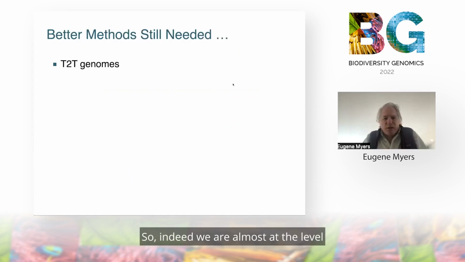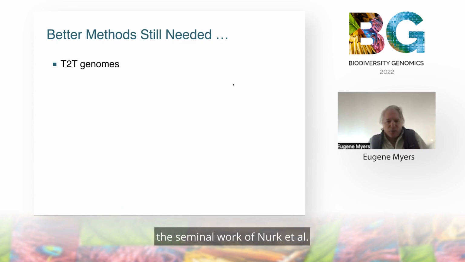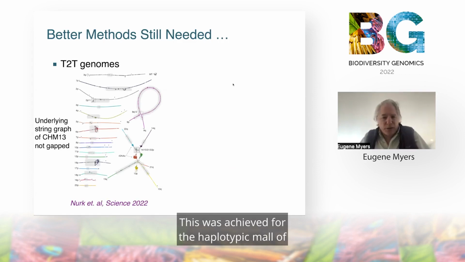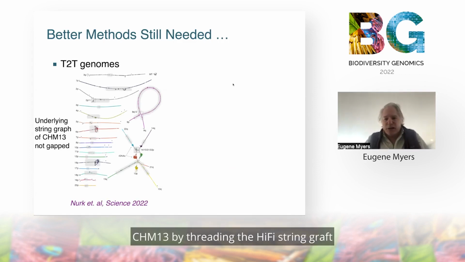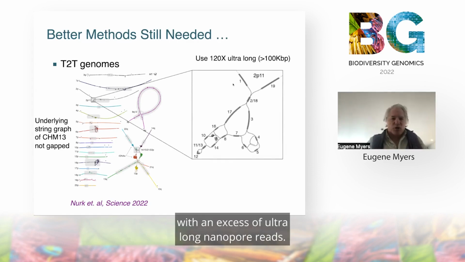So indeed, we are almost at the level of producing contiguous T2T genomes, and the push is on to achieve this. Already in the seminal work of Nurk et al., this was achieved for the haploid mole CHM13 by threading the HiFi string graph with an excess of ultra-long nanopore reads.